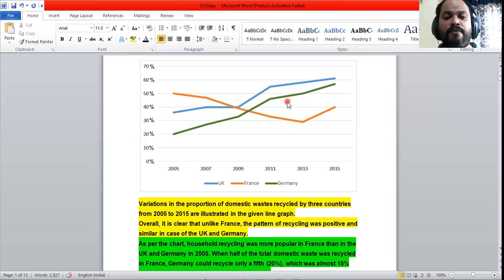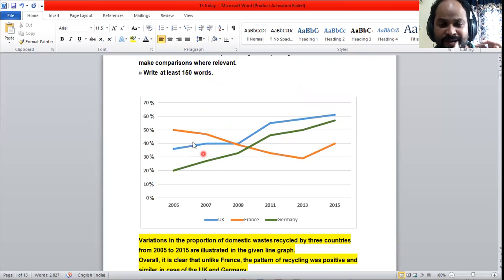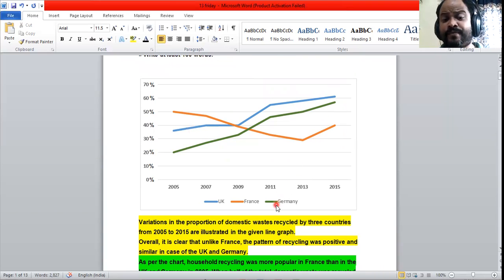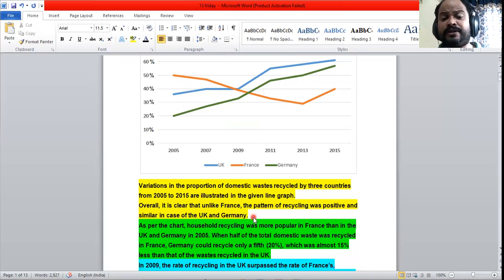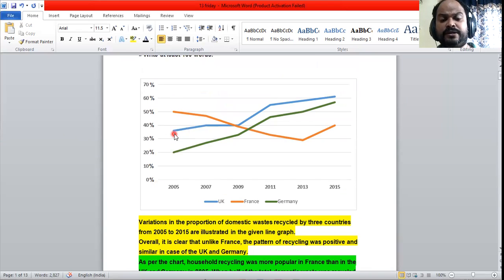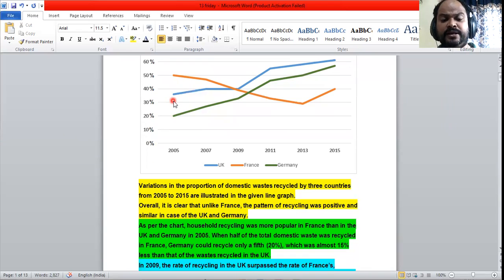So this is the overall picture. You can see the overall picture very clear. France, the pattern is different. Other 2 areas, it is different. As per the chart, household recycling was more popular in France than in the UK and Germany in 2005.